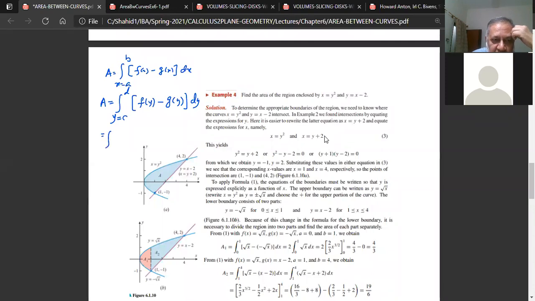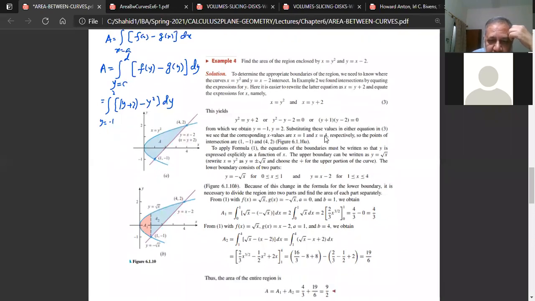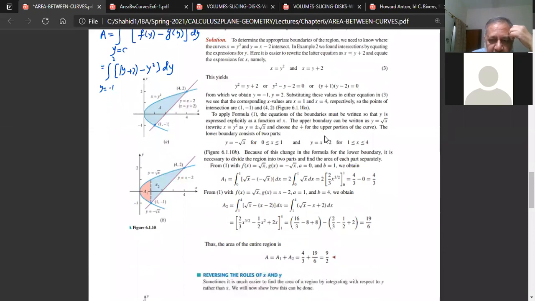So this becomes the integral from y is equal to -1 to y is equal to 2. The function on the right side is now x is equal to y plus 2, so y plus 2, a function of y, minus x is equal to y square. This will be integrated over y, and the result will be obtained here.